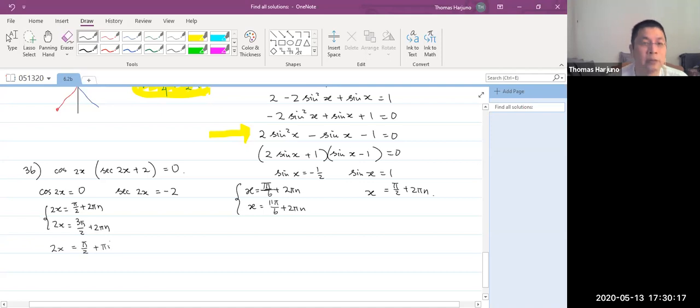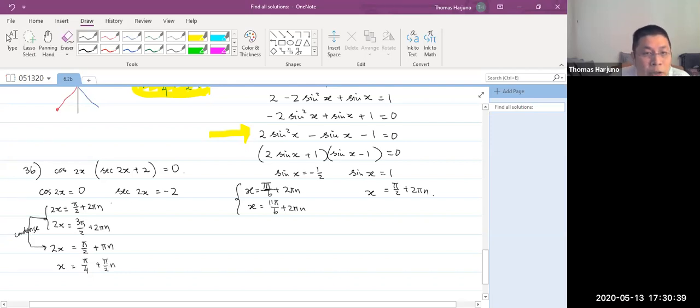Is it right? Then I divide by 2. So you see this 2 here condensed. So x equals pi over 4 plus pi over 2 n.